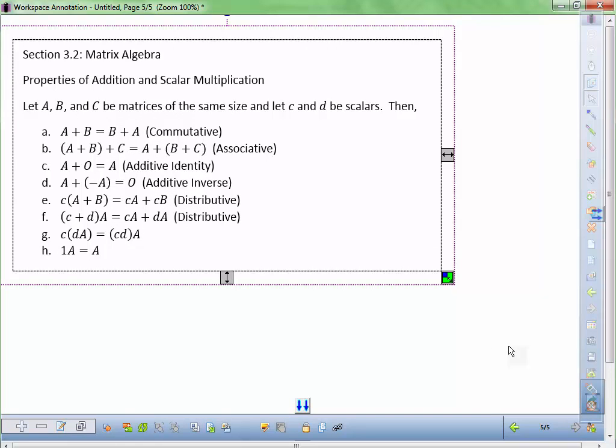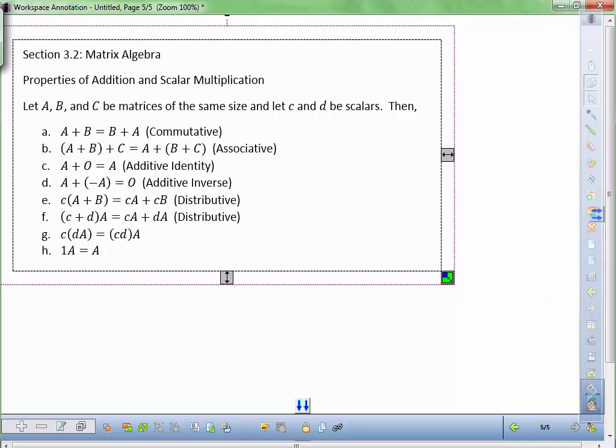Some of these we already picked up from the first section, but let's reiterate and formalize them. Addition of matrices is commutative. Addition of matrices is associative. And matrices have an additive identity, and that is 0.